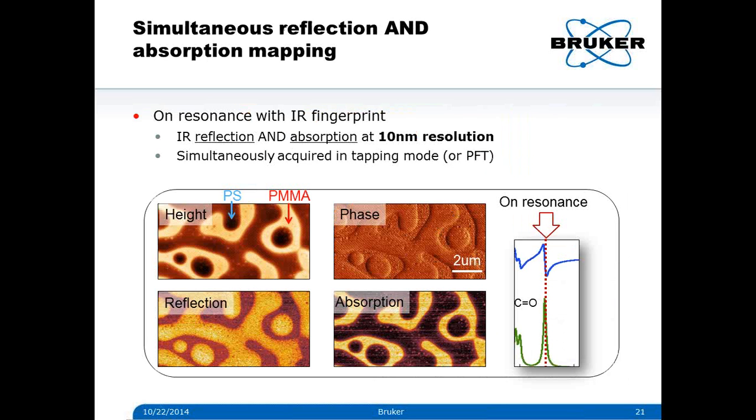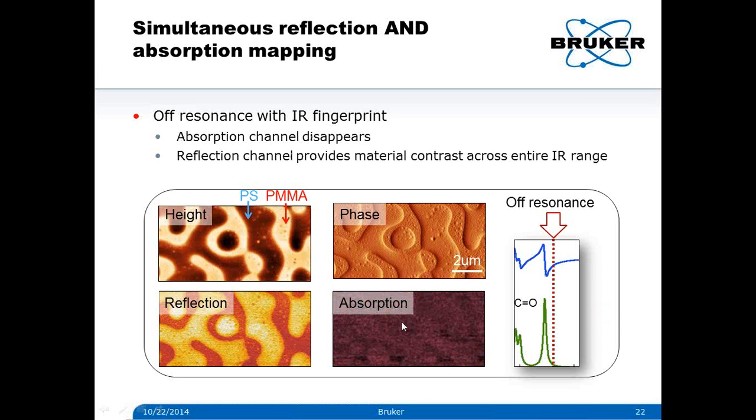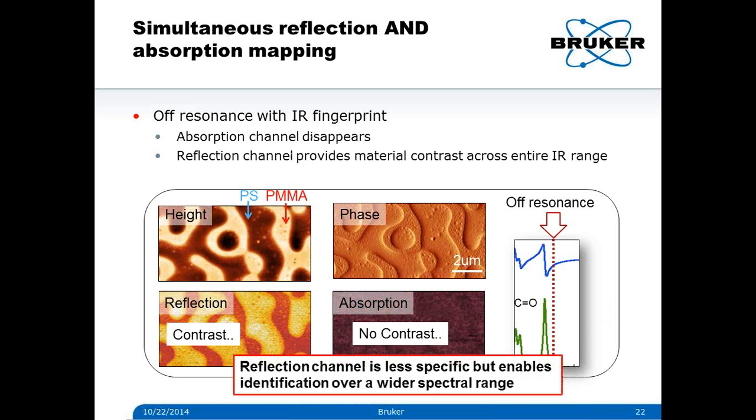Now, I mentioned before reflection and absorption. I already mentioned polystyrene and PMMA, that you can nicely distinguish in reflection and absorption here. If you are on resonance, you see the absorption; if you are away from resonance, then that absorption doesn't show up. That also means that you always have contrast in reflection. In absorption, you have to sit on a resonance in order to see something.